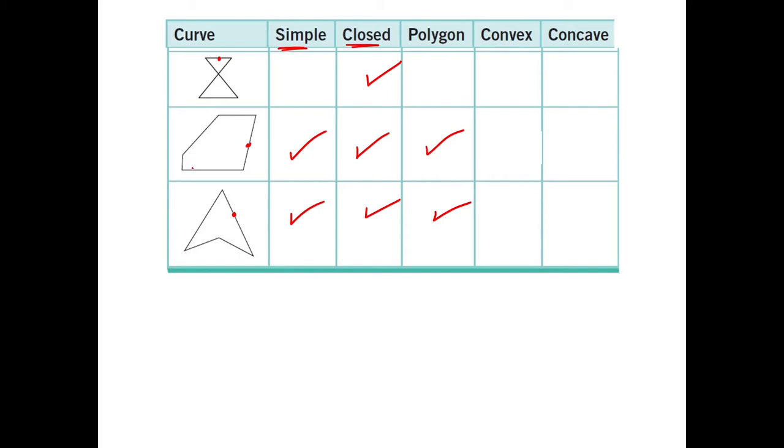For the first curve, there is no indentations, and if I draw a segment in the interior of the curve, there's no way that line segment will ever be outside of the curve, so this must be convex. For the last curve, if I draw a point at the base of the curve, this segment is outside of the curve, so it is concave, and it also has an indentation.